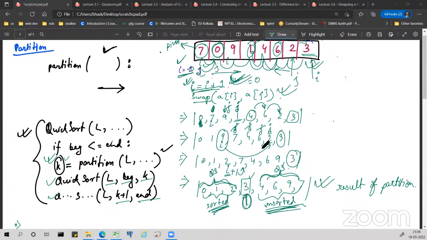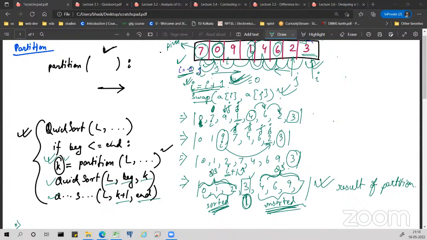Okay. See the point, are you not getting? If you have I and J at the 0th position, right? You compare 0 with 7. You see 0 is lesser than 7. You would have to swap, right? With whom will you swap? We will swap 0 with itself, sir.